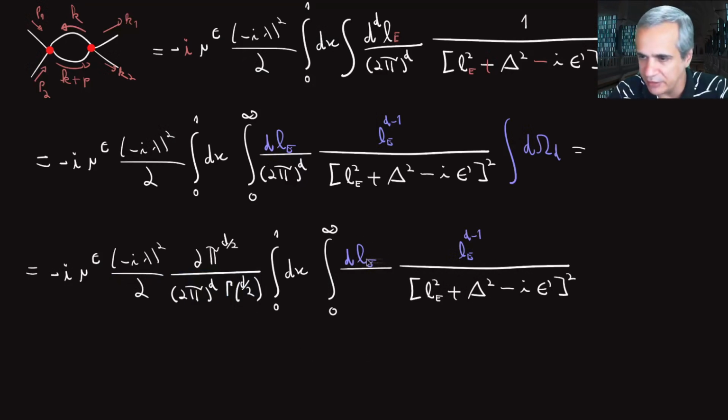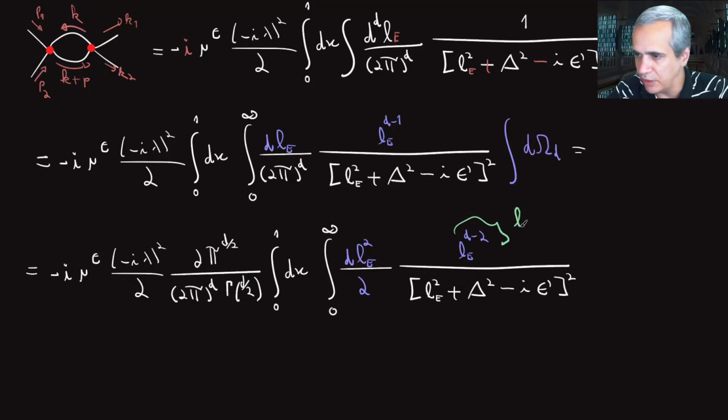Again, I can make this a dl square over 2, and then this lowers the power of this guy by 1, because dl squared is 2 l dl, and there's a power of l in the denominator here that compensated there. And this I can rewrite in this way.